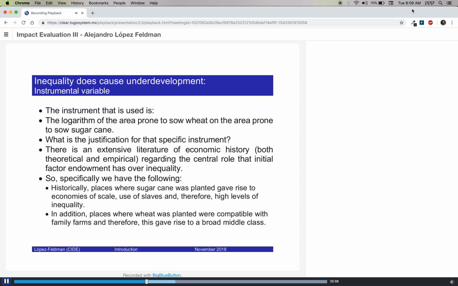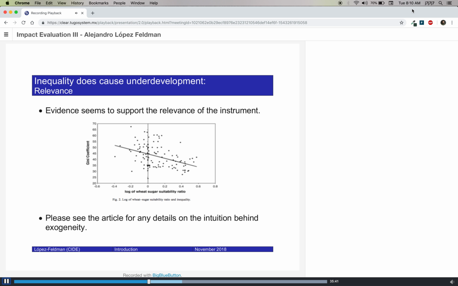If there is a lot of land area that can be sown with wheat, today we have countries with low inequality levels, and in the countries where this ratio was very small, or where the land surface could be sown with sugarcane, these places had high inequality levels. So from a statistical point of view, we can see that there is a relationship, and also from a theoretical point of view, because there is a lot of evidence and theory that supports this.